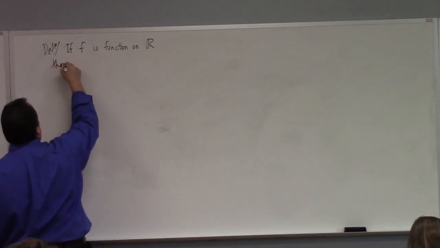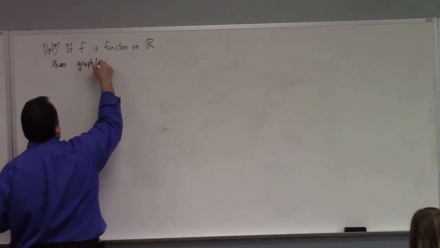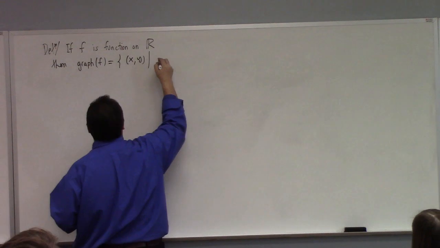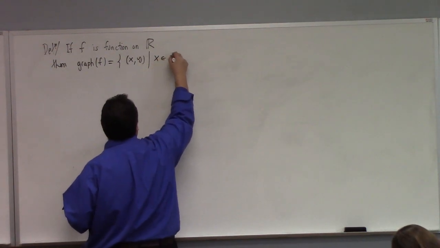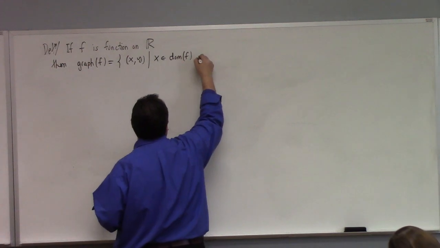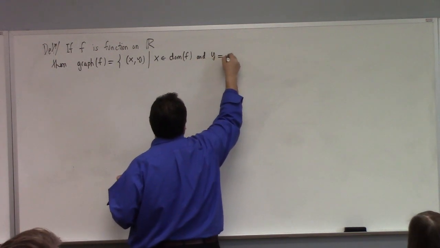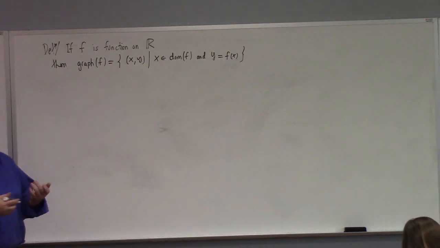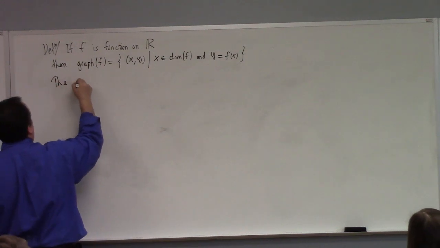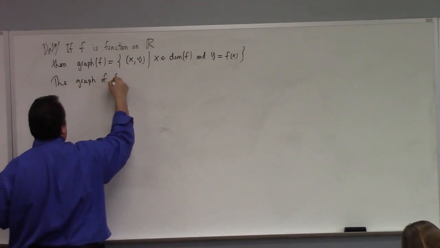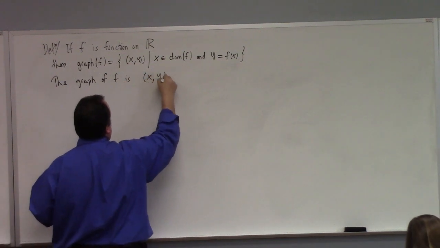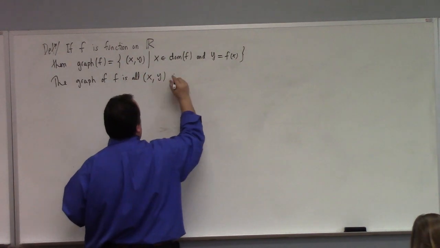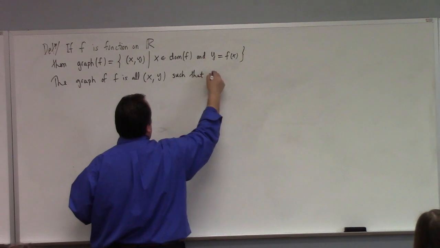Okay, then what's the graph of f defined by? Then the graph of f is equal to the set of ordered pairs such that what? Such that x is in the domain and y is equal to f of x. Put more simply, the graph of f is all x comma y such that y equals f of x.